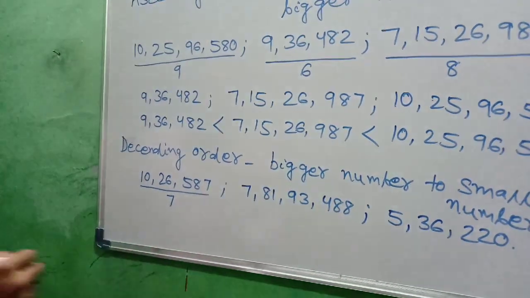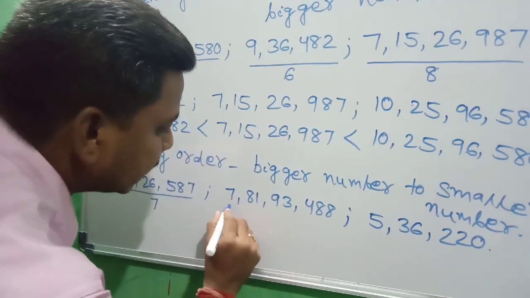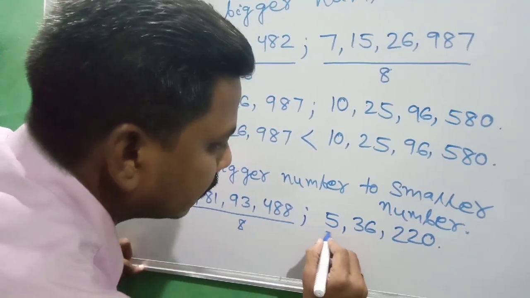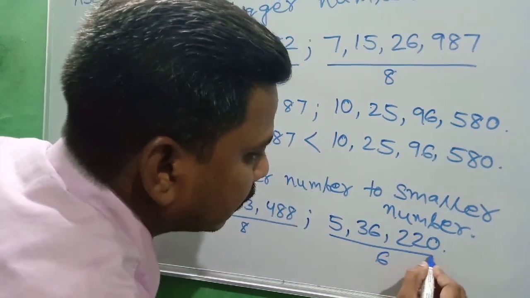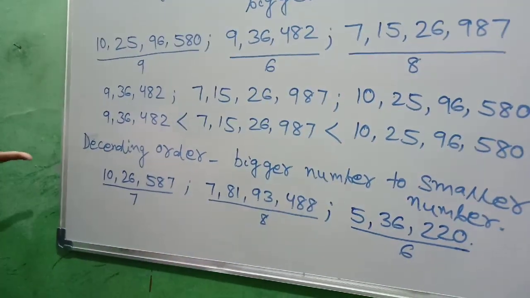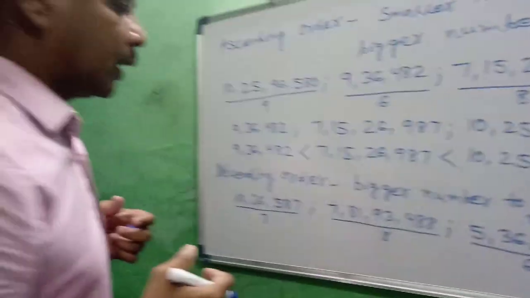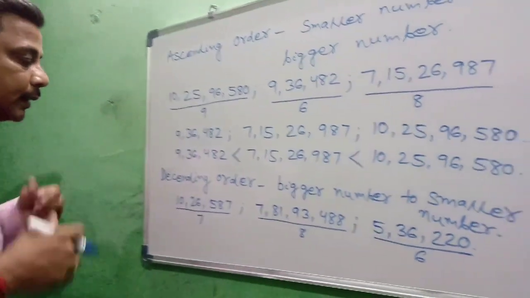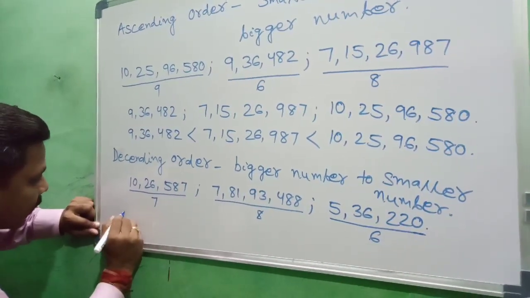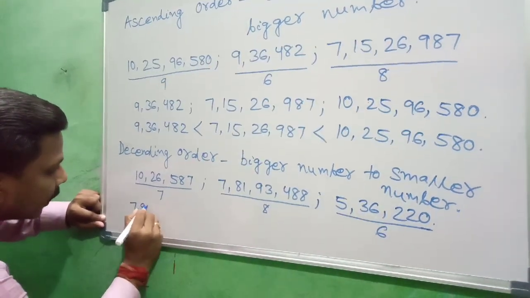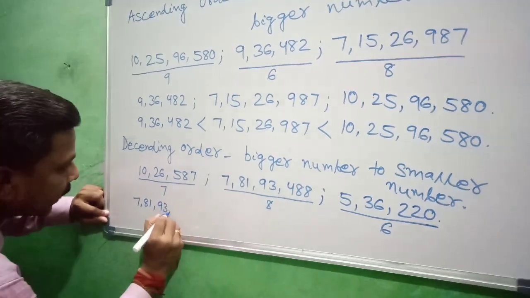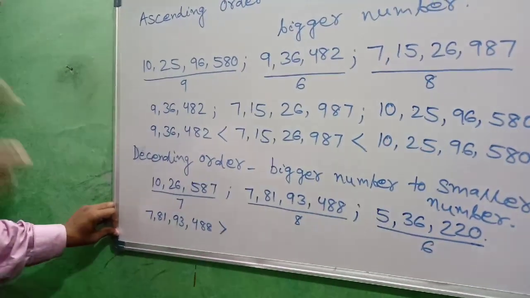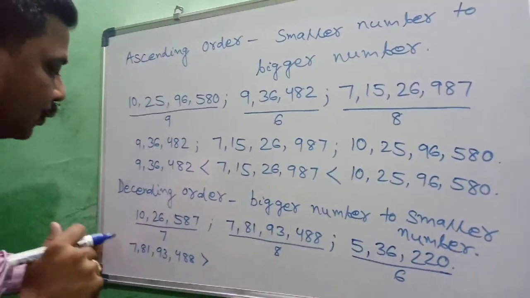This is a 7-digit number. This is an 8-digit number, and this one is a 6-digit number. We can know easily which number we have to write first. 7,81,93,488 is greater. In descending order, we have to put the greater than symbol.